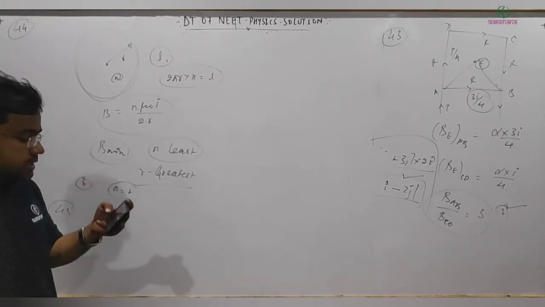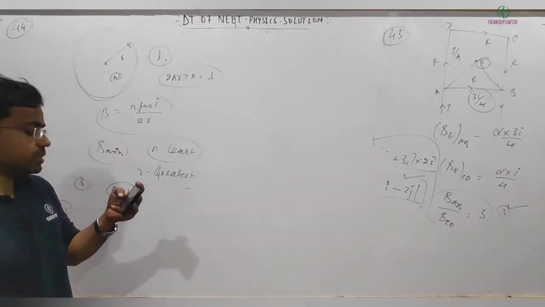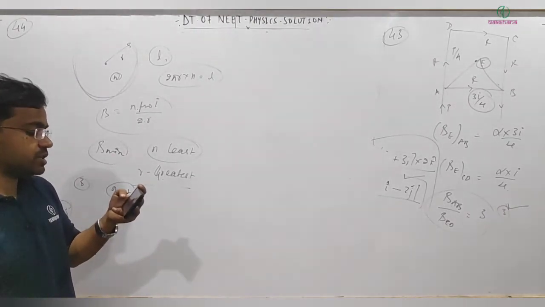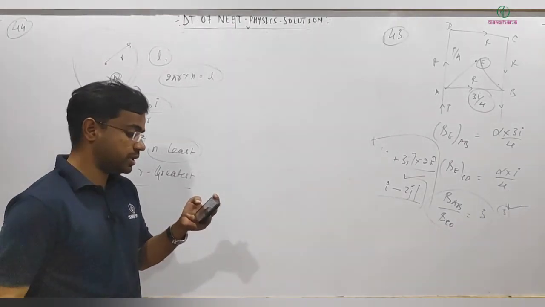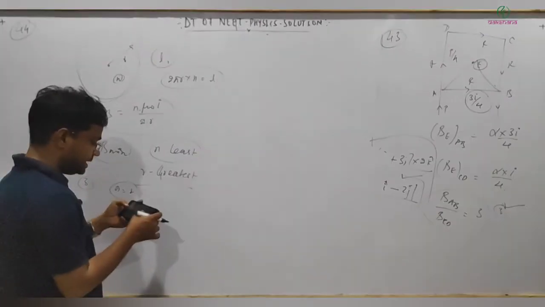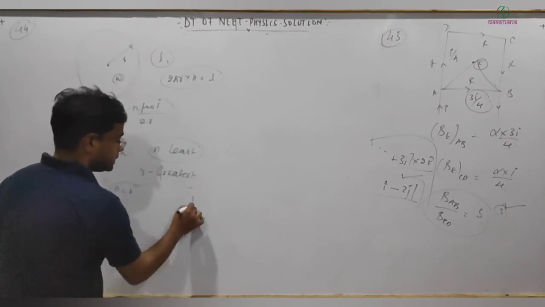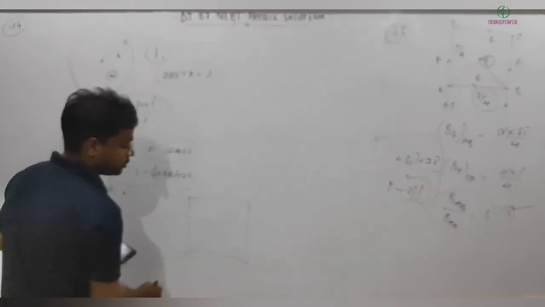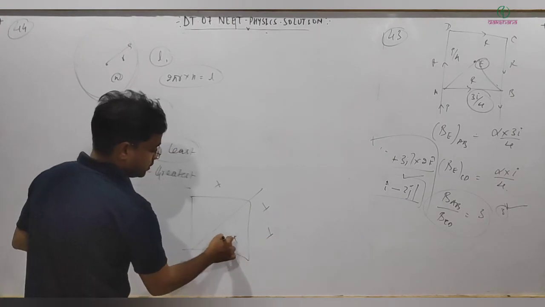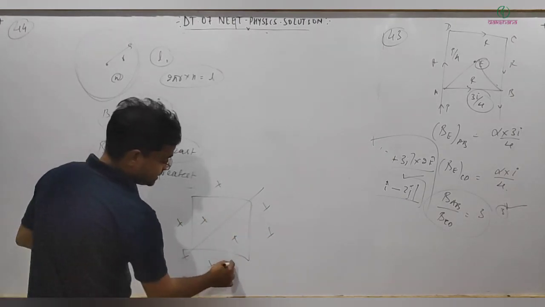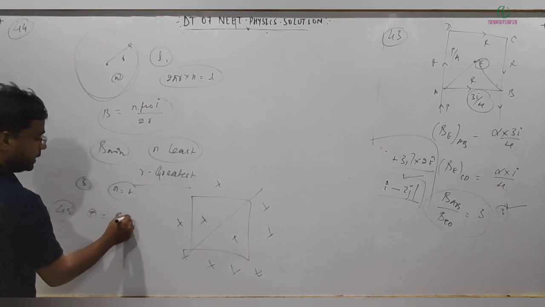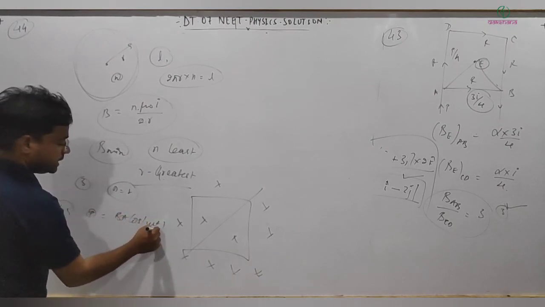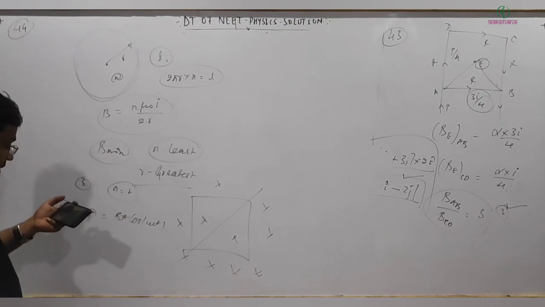Question 45. A square loop is rotating about its diagonal with angular velocity omega in a perpendicular magnetic field, as shown in the figure. So here the magnetic field is given, and the loop is rotated about this axis. This is a standard result: phi is given by BA cos of omega t, where omega is the angular velocity.